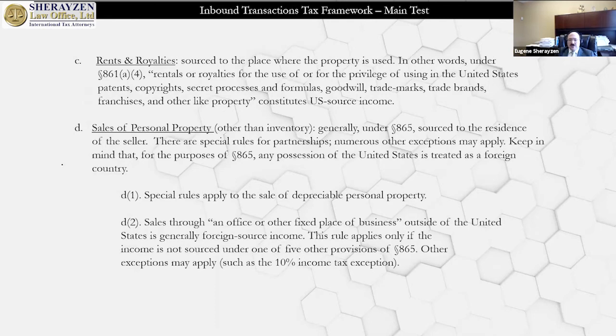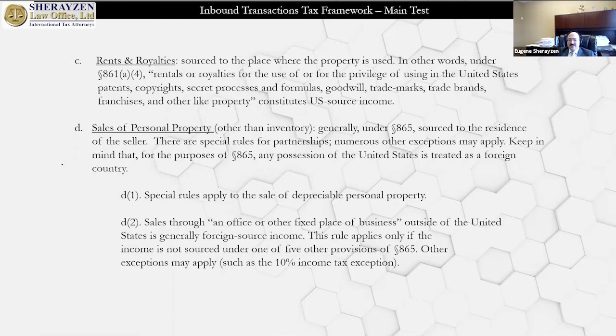In general, sales of personal property are sourced to the residence of the seller. There are special rules for depreciable personal property. And there are special rules concerning a situation where there's a permanent establishment outside of the United States, or inside of the United States, actually, as well.